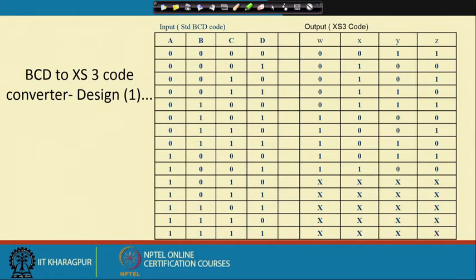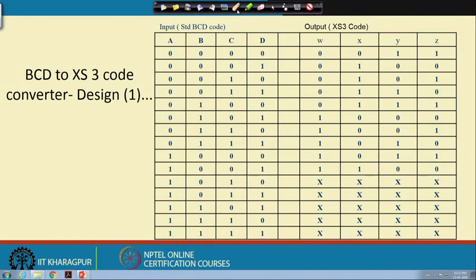If I look into this pattern, the value that I am getting is 3 in binary representation. XS3 means from this I need to subtract 3. So, 3 minus 3 is 0, so the corresponding decimal value is 0.